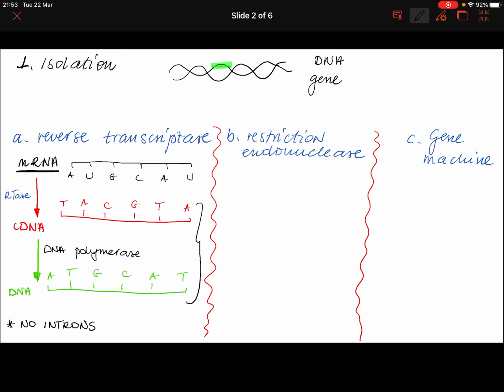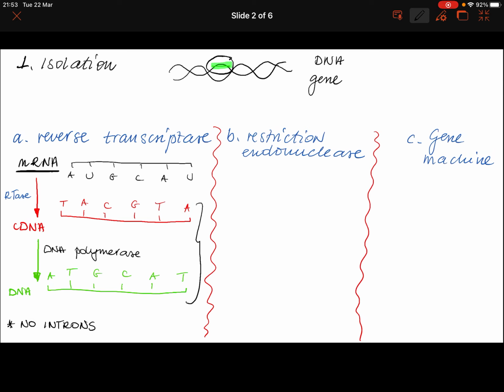Because we've started with mRNA. mRNA has been formed previously as the process of transcription, and after transcription we had splicing, which was the removal of introns.